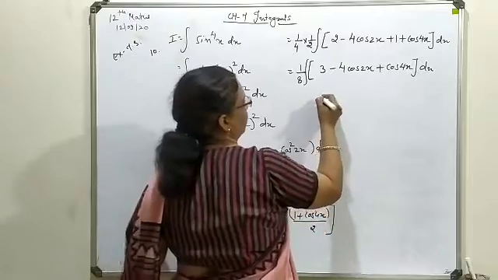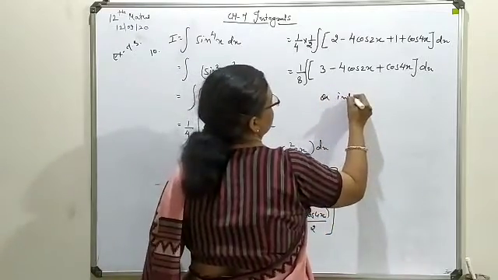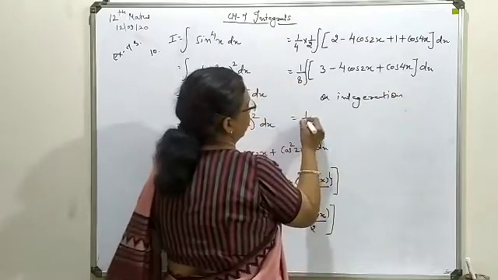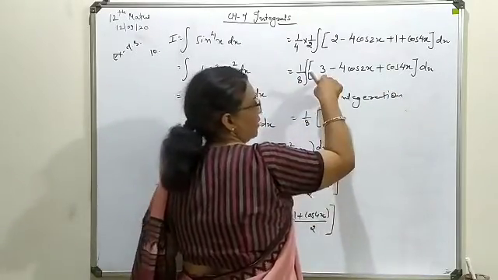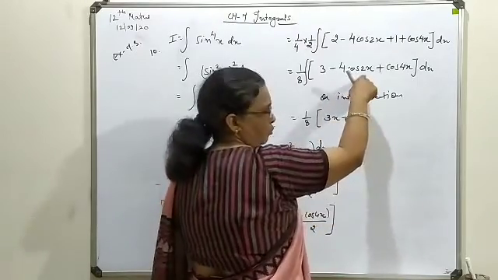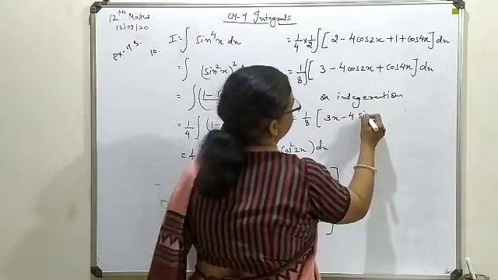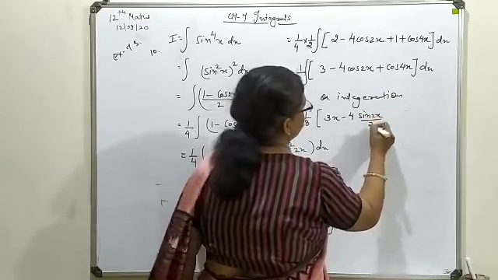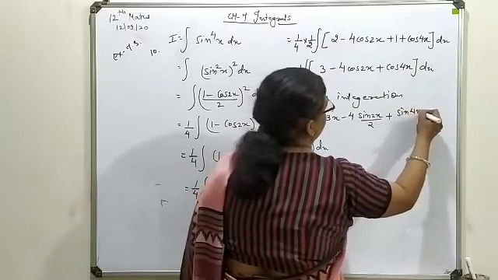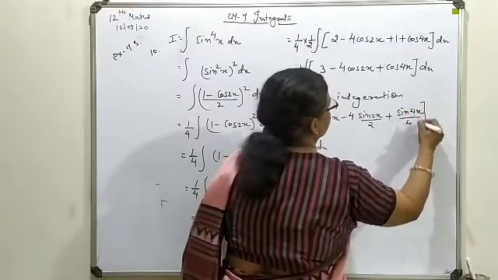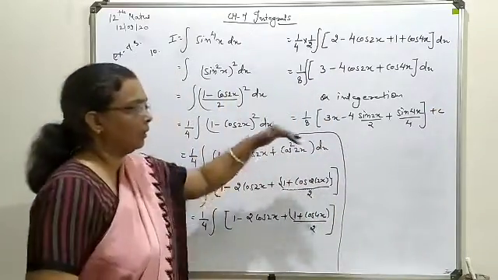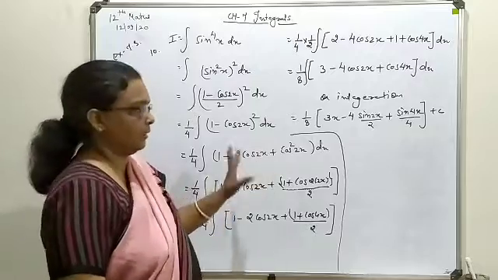So on integration, what will you have? 1 upon 8 outside. Here the constant gives 3x, minus 4. Cos 2x will integrate as sin 2x upon 2. This cos 4x will integrate as sin 4x upon 4, plus constant. Now it is to be sorted out for your LCM purpose and constant.